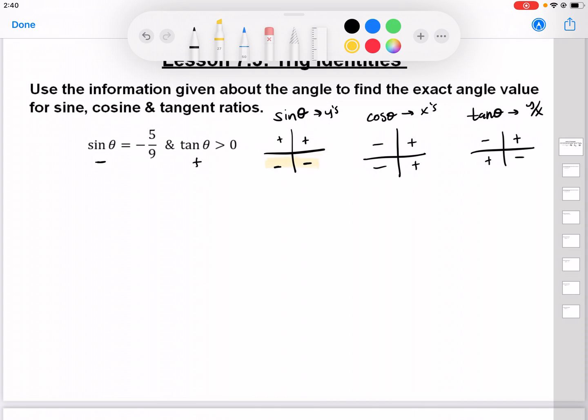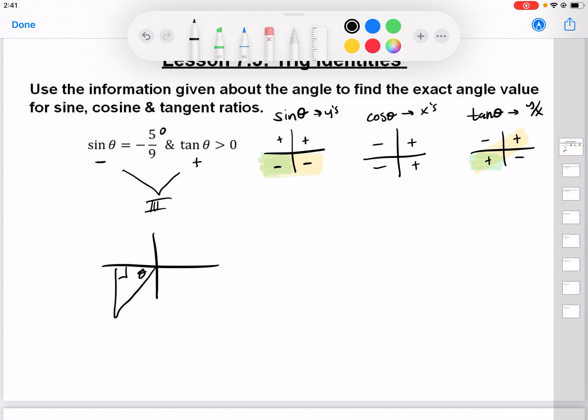Negative sine means it has to be one of these two quadrants. A positive tangent tells us it has to be either the first or third. So the only place where both of those match up is in the third quadrant. So we know based on that information we're in the third quadrant, and I'm going to draw my triangle in the third quadrant.